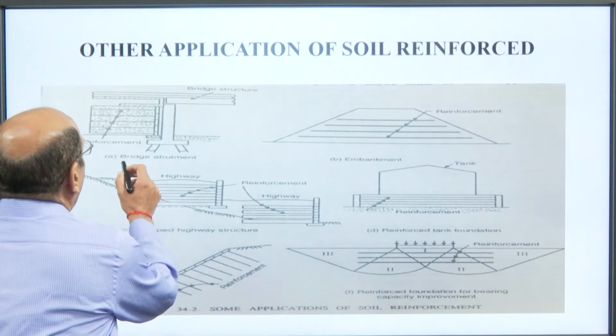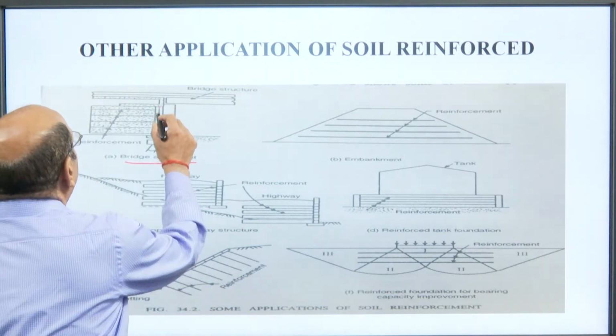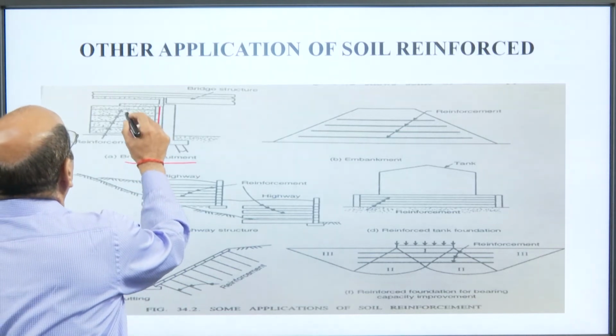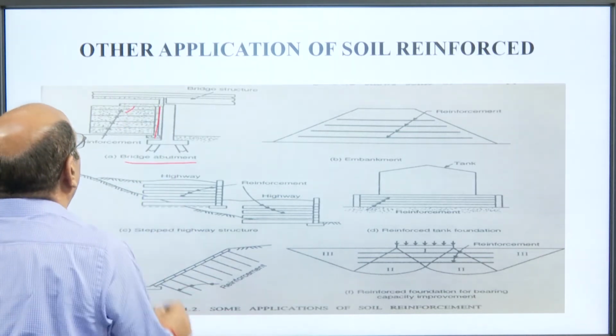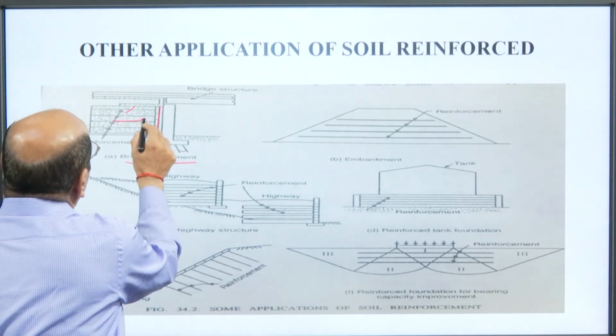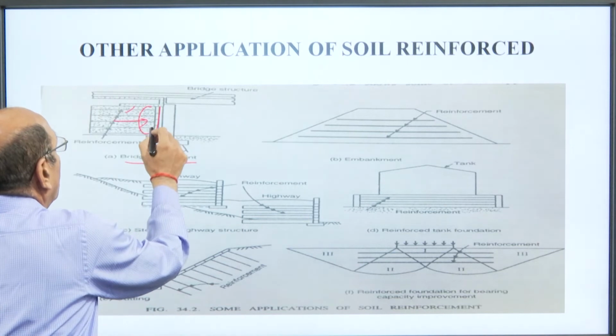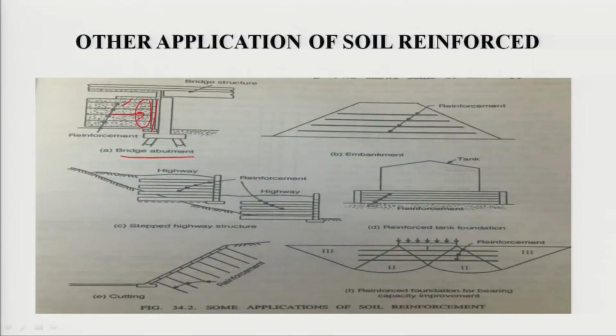We can see here, this is a bridge abutment. Suppose there is no reinforcing earth here. What happens is the roller may not come up to this level, so this portion remains uncompacted, and this creates deformation in the embankment near the abutment.